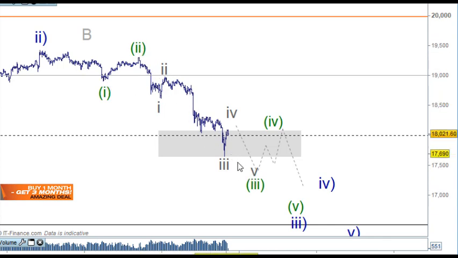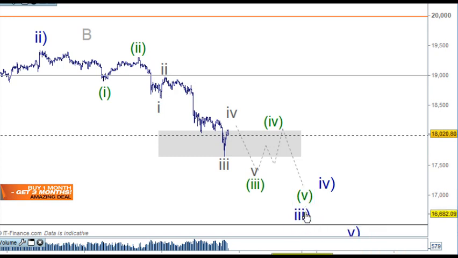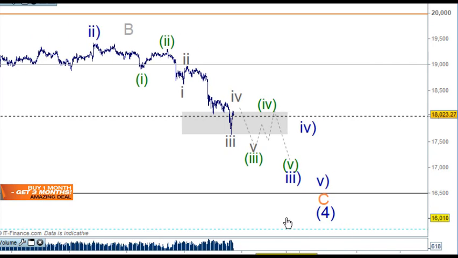So if wave 3's got the extension in it, then wave 1 and wave 5 can be roughly the same. So coming down here a little bit further, we could move that into here, and then wave 4 we'll just put here, and wave 5 coming in here. Well, it could come down to the 16, but I'm thinking maybe not, and we'll just see how this plays out at this point.